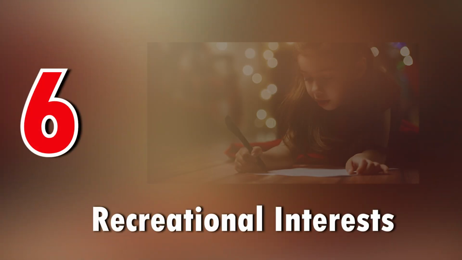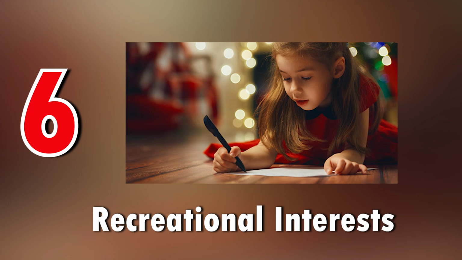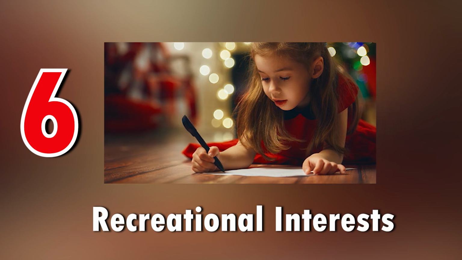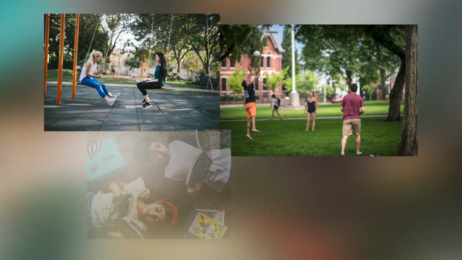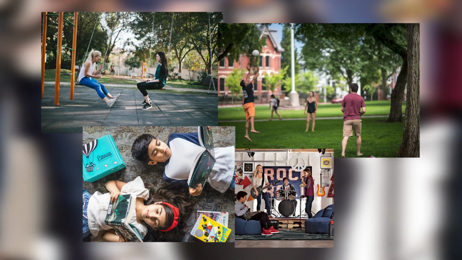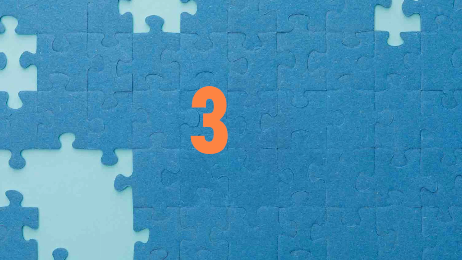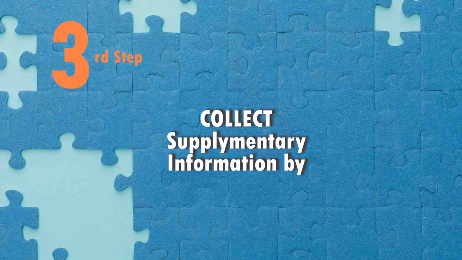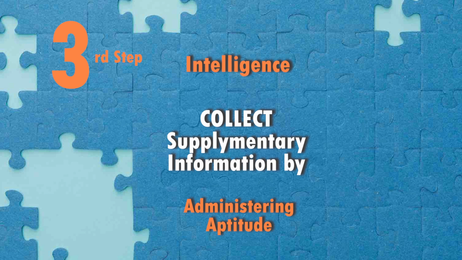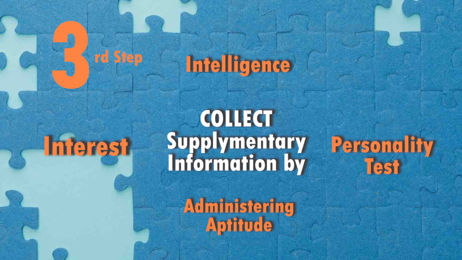Sixth type of data is recreational interest, such as participation in leisure time activities, hobbies, and special interests. Third, collect supplementary information by administering aptitude, intelligence, interest, and personality tests.